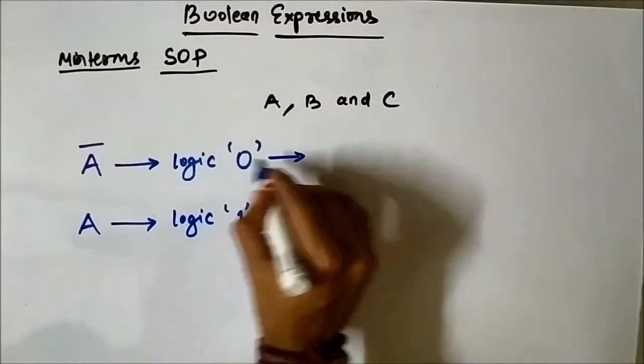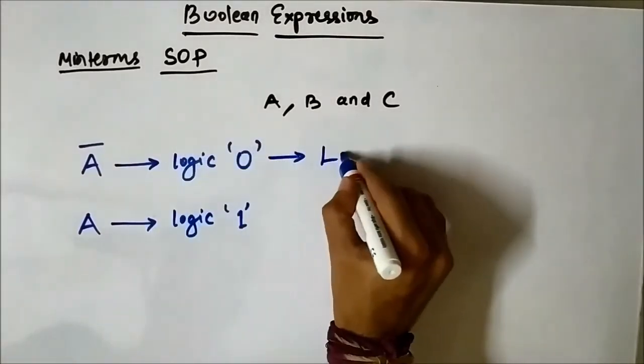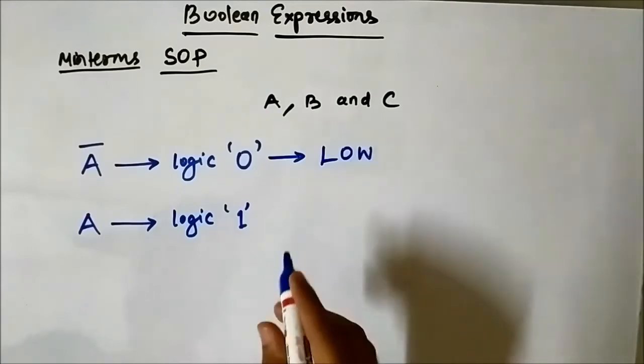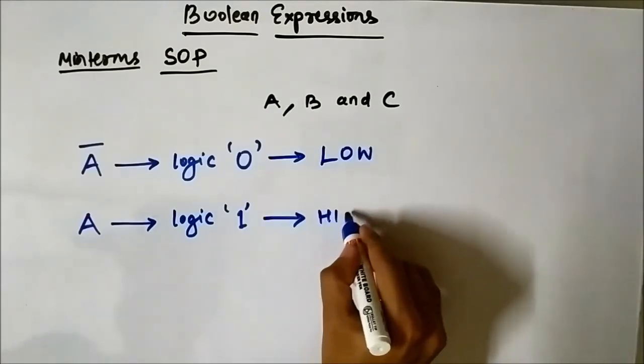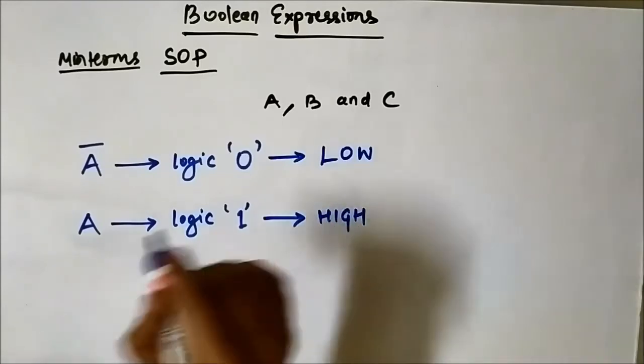So complemented variables represent logic 0 or low state, and uncomplemented variables represent logic 1 or high state.